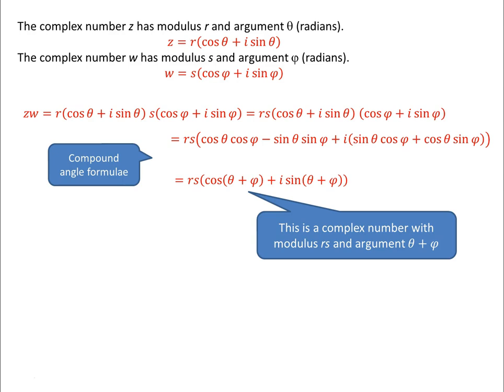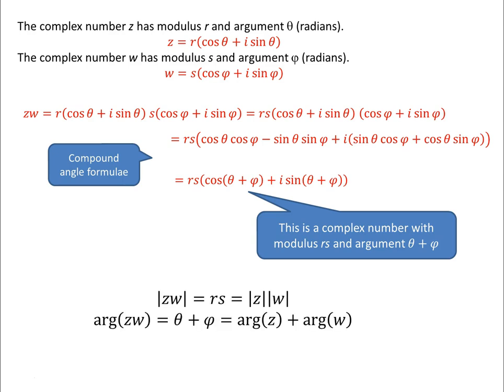So we've got the modulus of zw is r times s, which is the same thing as the modulus of z times the modulus of w. The argument of zw is theta plus phi, which is the same thing as the argument of z plus the argument of w.